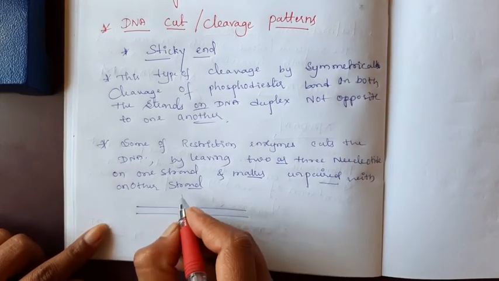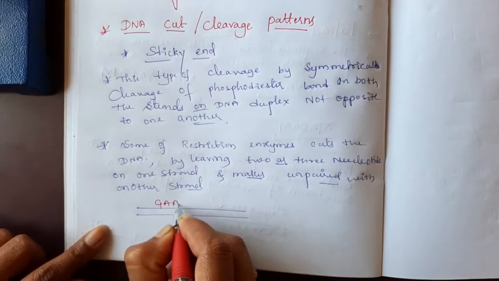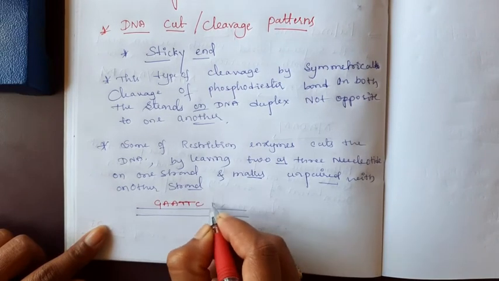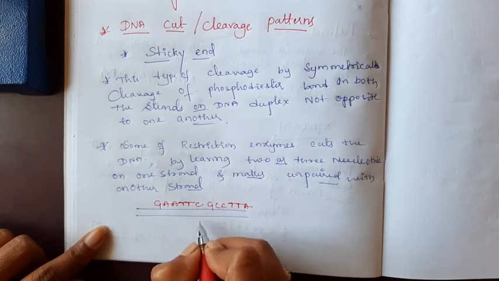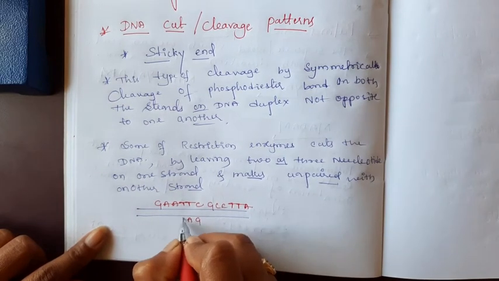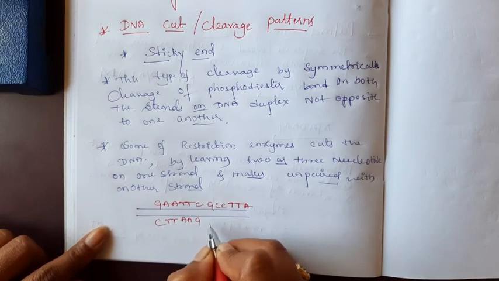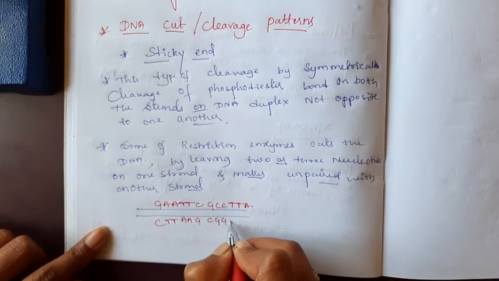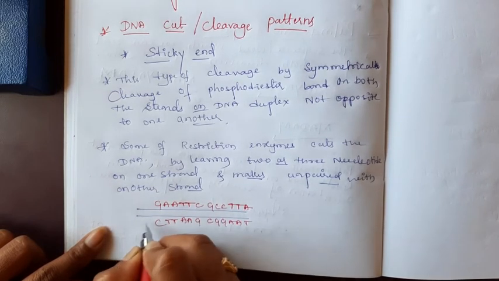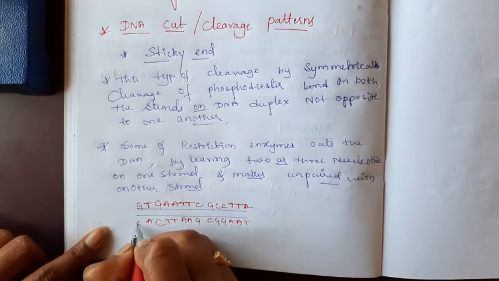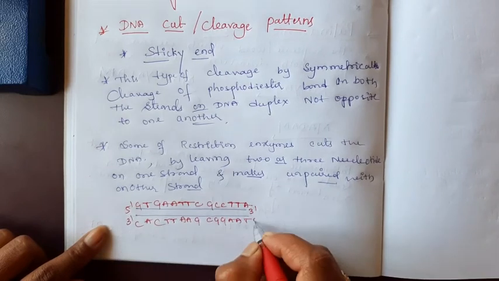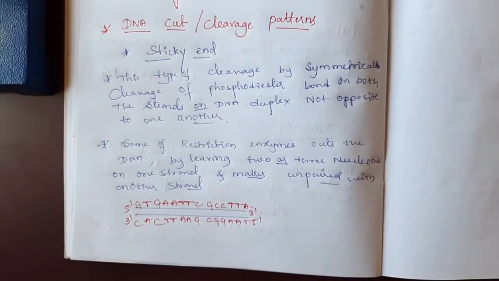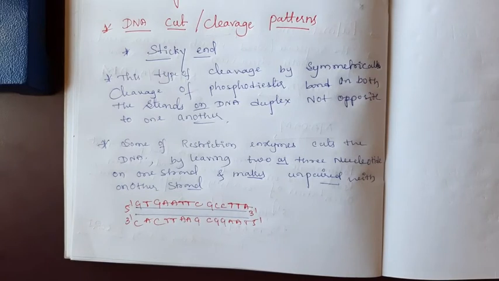I can take the example GAA, TTC, CGG, AAT, with AT, GC. Consider this is the sequence. Again I am taking EcoRI for the example.